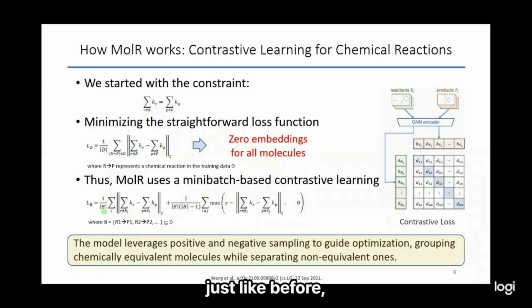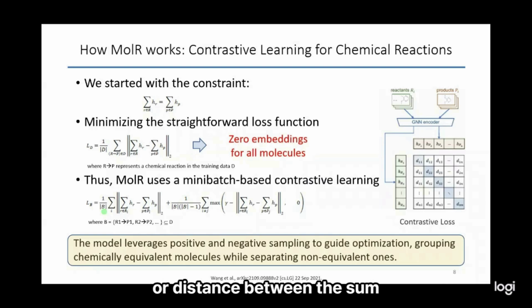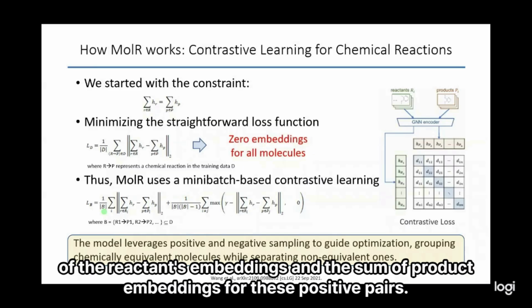Just like before, the model's goal is to minimize the discrepancy or distance between the sum of the reactant embeddings and the sum of product embeddings for these positive pairs.